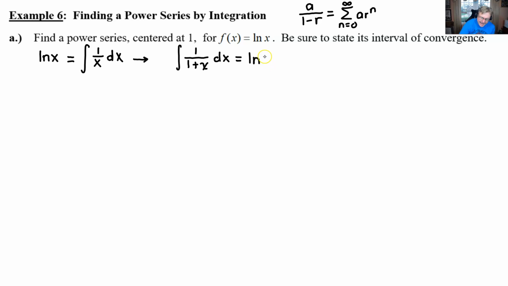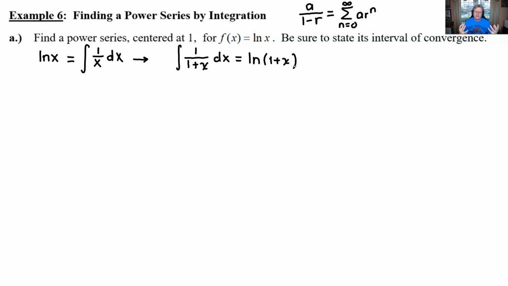Now, I'm not going to make a super big deal out of using absolute values, and I know I probably should, and I'm not doing a very good job of using plus c here. And the reason is that I don't really have to worry about those things when it comes to thinking about convergence.